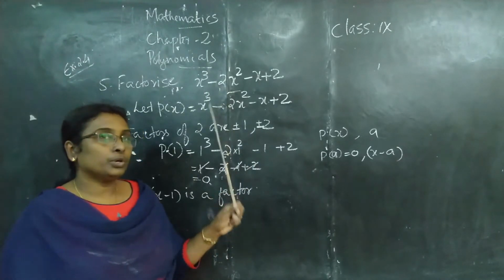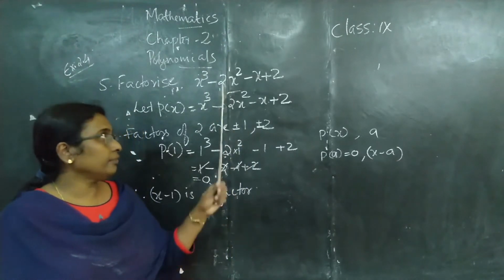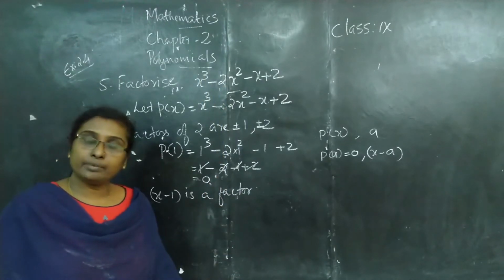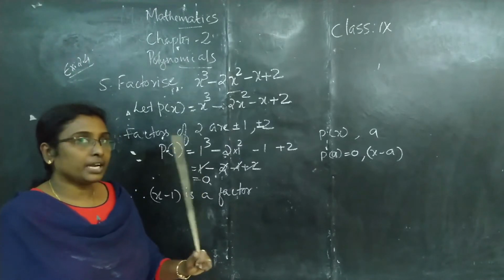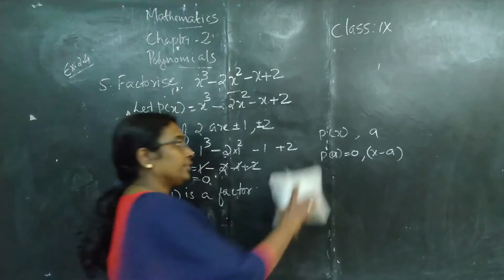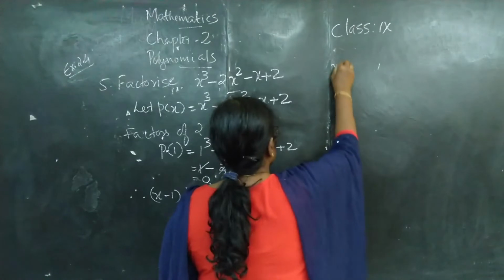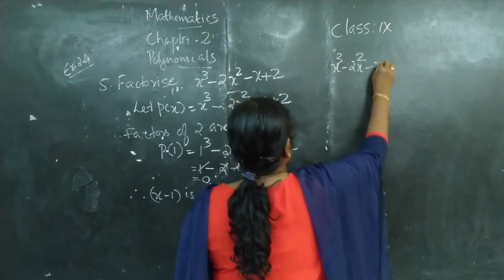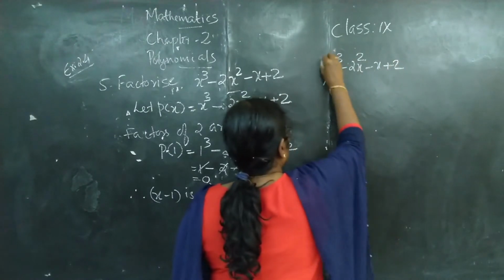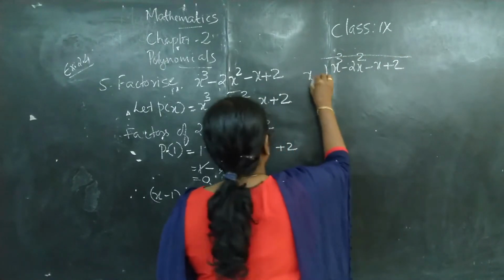This is a cubic polynomial, this is a linear polynomial. When a cubic polynomial is divided by a linear polynomial, we get a quadratic polynomial. First we find that quadratic polynomial by dividing these two: x cube minus 2x square minus x plus 2 divided by x minus 1.